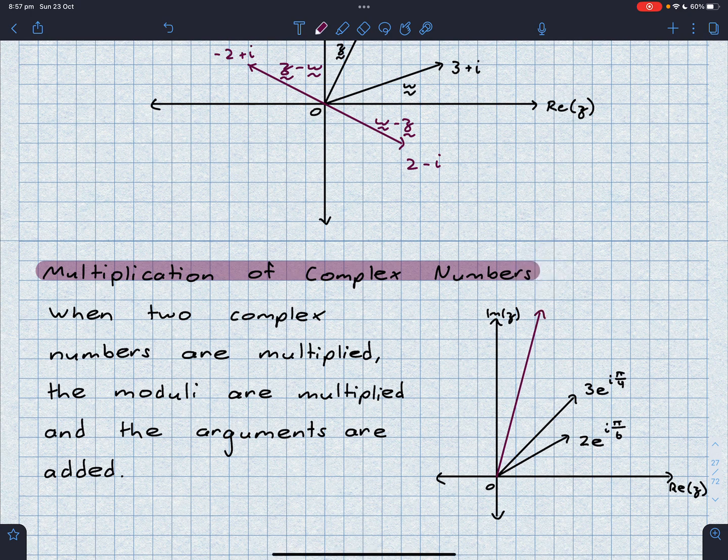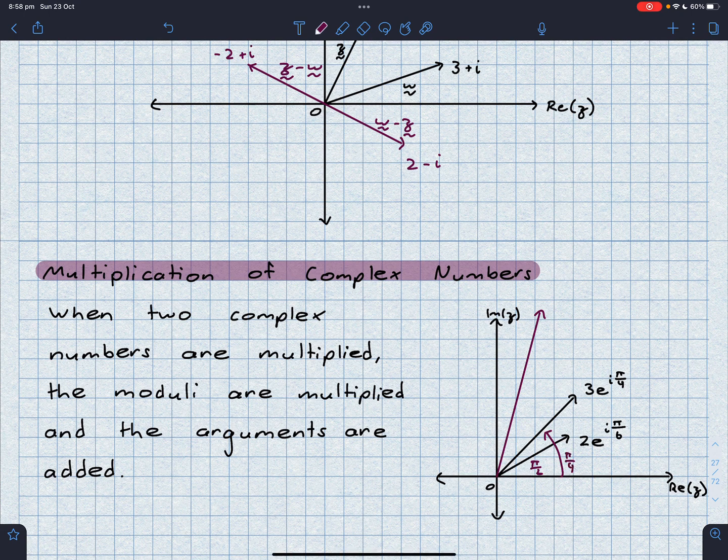And I've put my complex number up there because I'm adding these two angles together, which gives me this angle. And I'm adding those angles because that's the argument, my rotation anti-clockwise from the x-axis. So that angle there is pi on 6. That angle there is pi on 4.